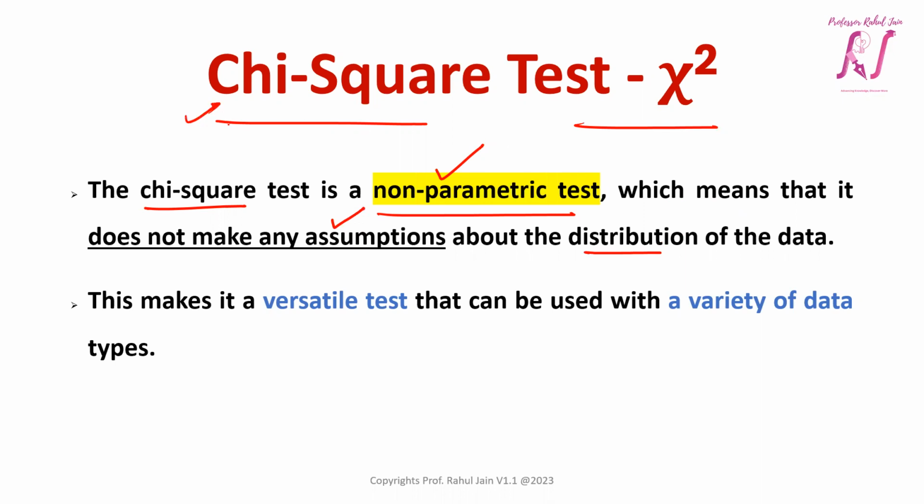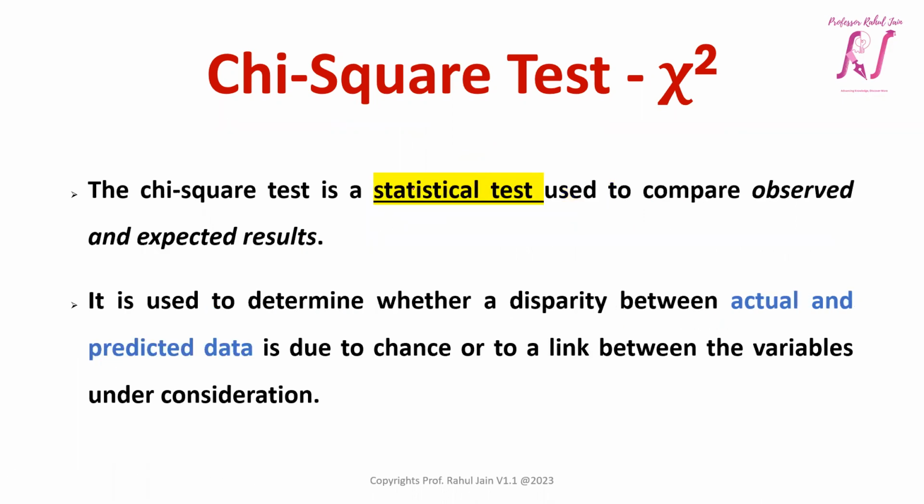Because of this property, we can say that the chi-square test is a versatile test because it can be used with a variety of data types, right? Now, it is a statistical test used for comparing observed value and expected value. When we have the distribution of data, we have some observed data and some expected data.